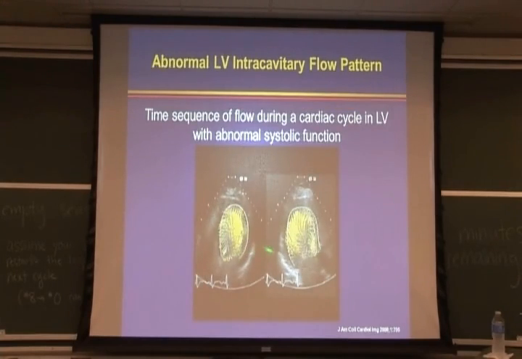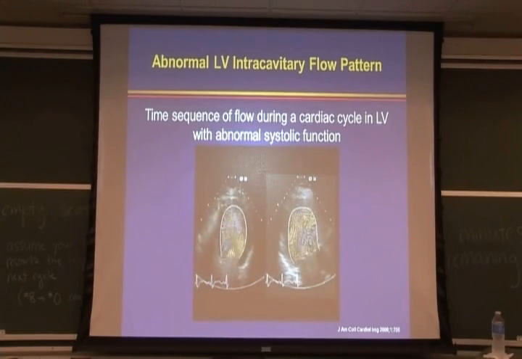If you look at a heart which is not functioning well, where the myocardial contraction and relaxation is not synchronized and the myocardial fibers are abnormal, then you can see that the blood is just swirling around and is not going out of the left lower chamber.